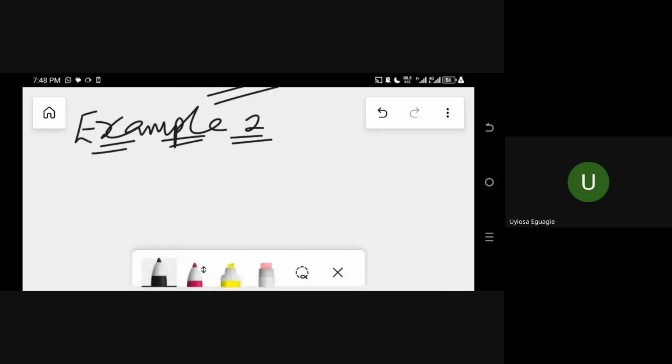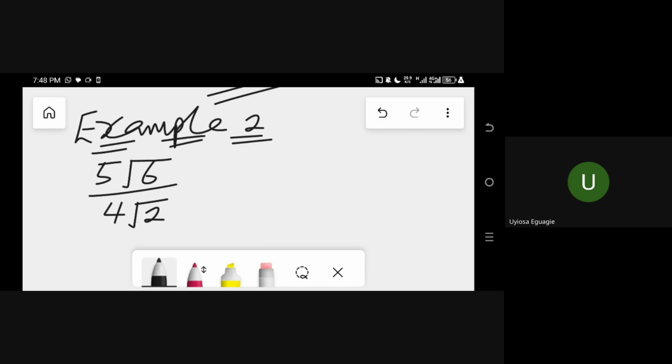So let's look at example 2. Okay, so for example 2, let's say 5 root 6 over 4 root 2. 5 root 6 over 4 root 2.